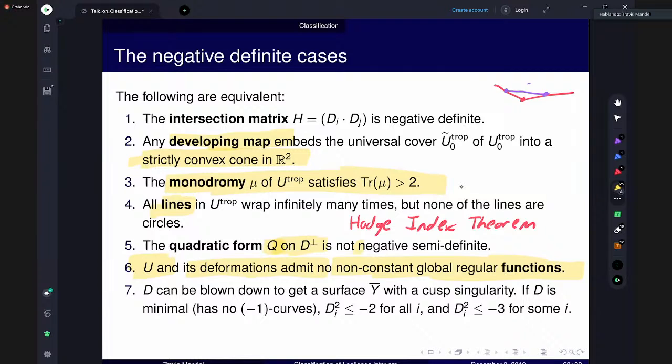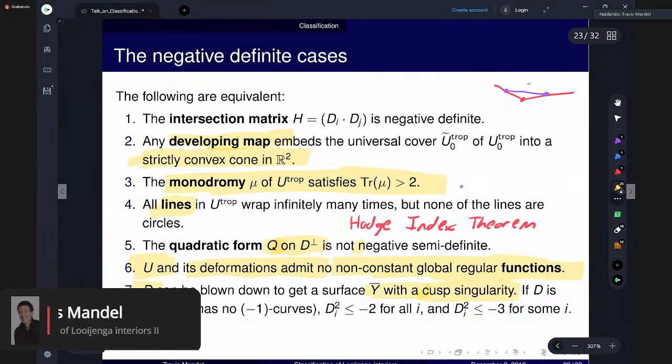And then finally, as I also mentioned on the previous slide, you can blow down the entire boundary D to get a single point, a single cusp singularity. So you get some surface Y bar with a cusp singularity.